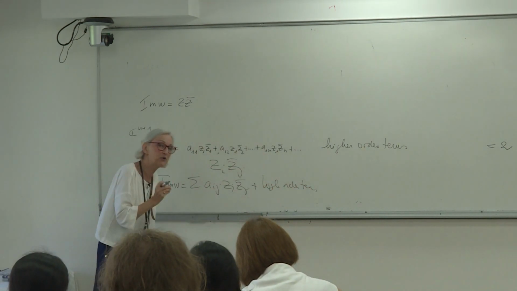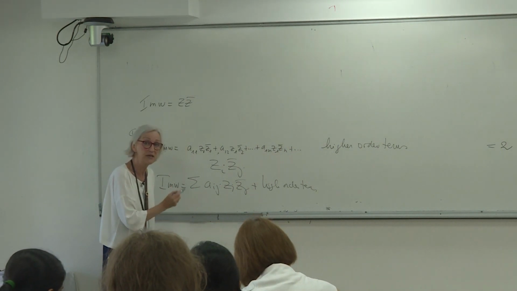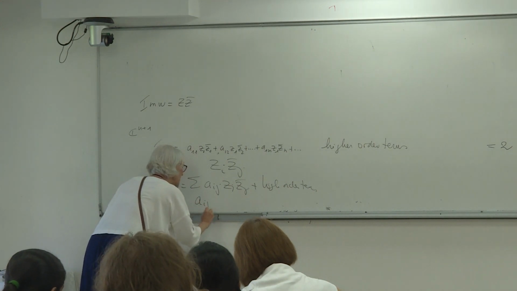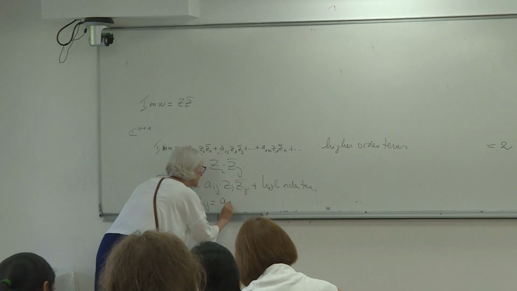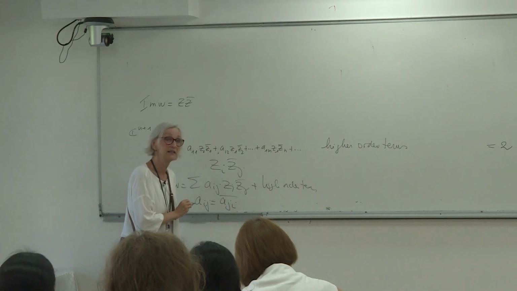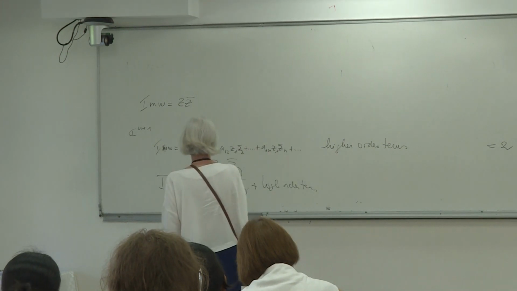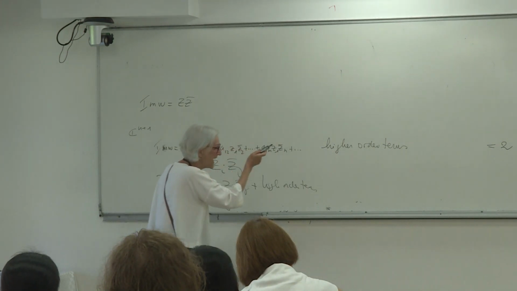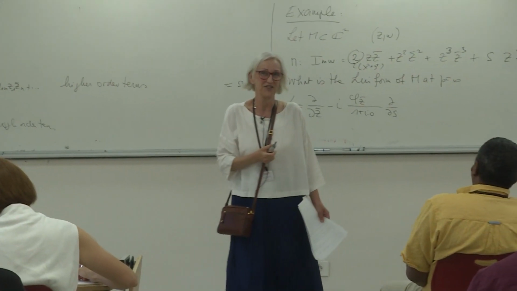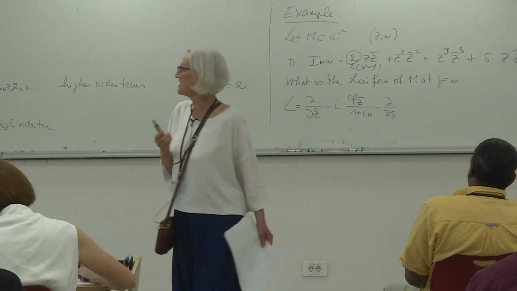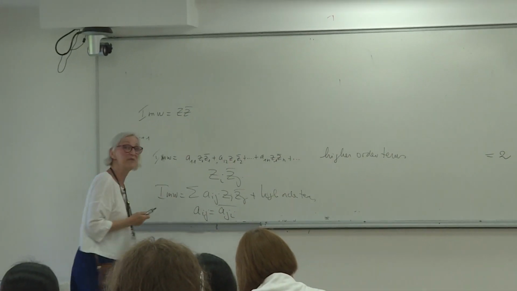Since φ is real, what does that mean on the coefficients? φ is real. So you have A_ij is what? Okay? And in the light of what we did for C², where is the Levi form?